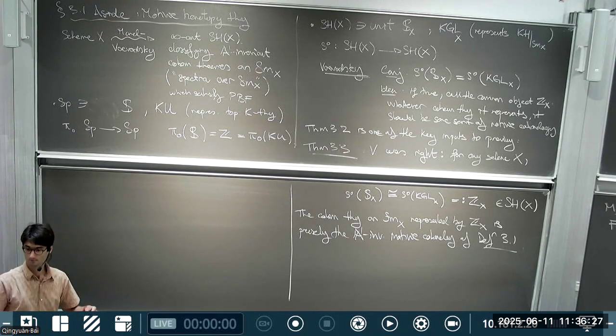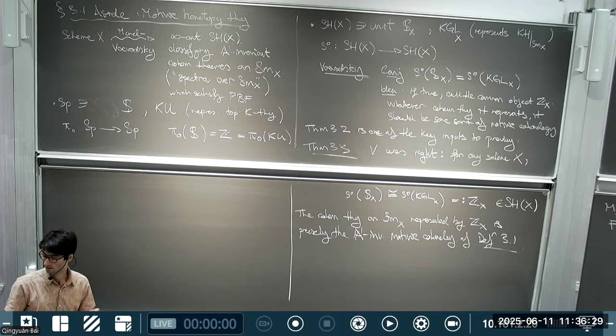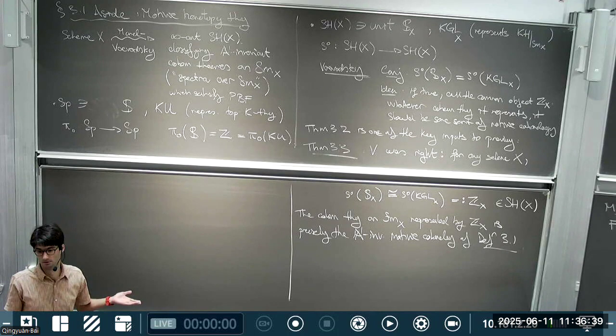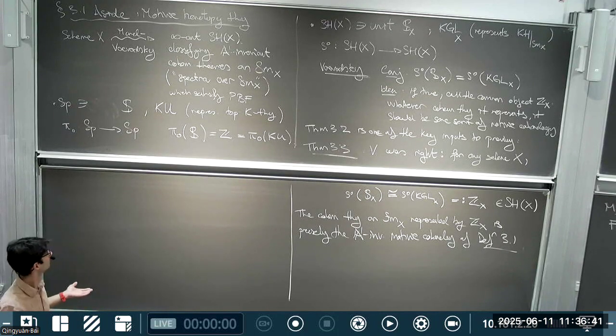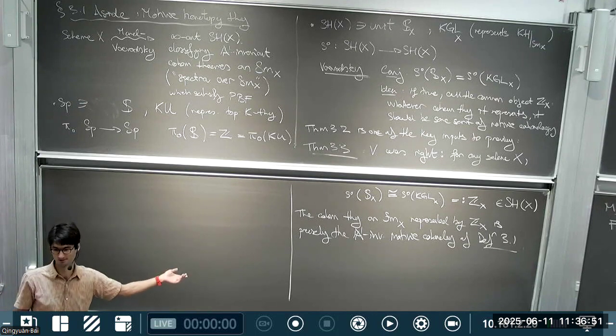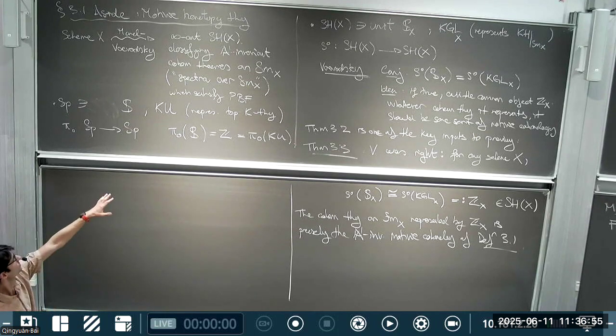Even if it's only interesting for smooth schemes, this generality helps, right? Smooth over what? Over X here. I mean, X is arbitrary. Yes, they define SH of X without looking at smooth over X. But think of X as a non-smooth guy. Yes, but smooth over X is misleading.